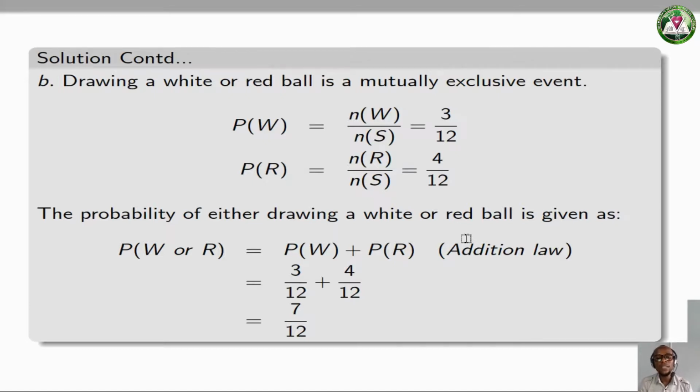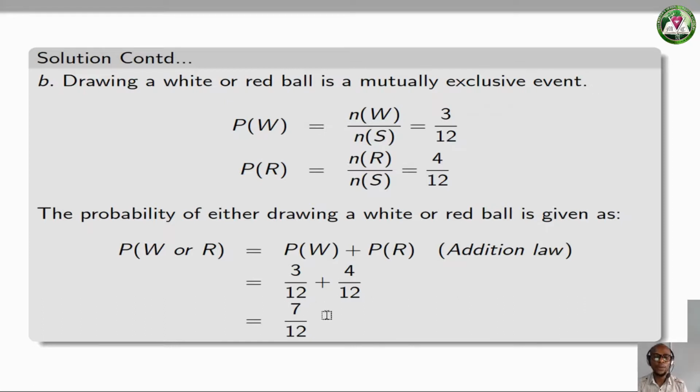So the probability of either drawing a white or red ball is given as, remember our formula, the addition law. Probability of white or red equals probability of white plus probability of red. Combining these two probabilities, this gives 3 over 12, which is the probability of picking a white ball, plus the probability of picking a red ball, which is 4 over 12.